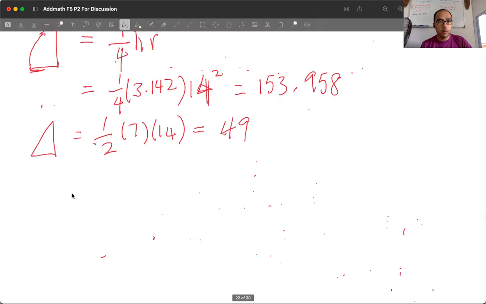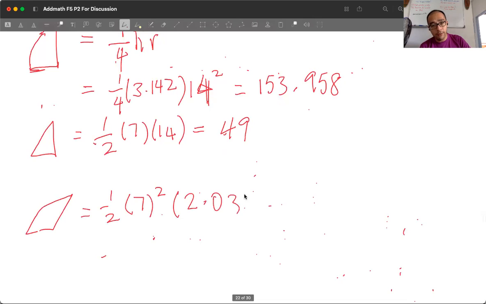The weird looking sector is 1 over 2 times 7 squared times 2.035. So 0.5 times 7 times 7 times 2.035, the answer is 49.8575. So let's gabungkan all this together.